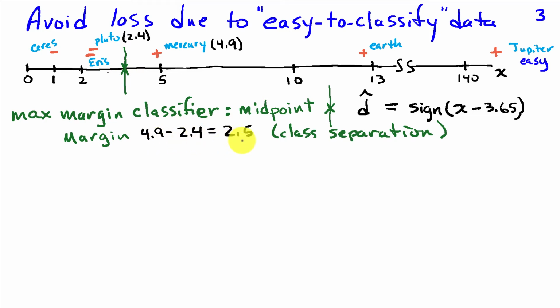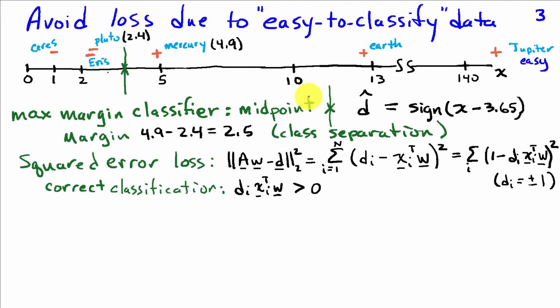In other words, 2.5 is the class separation. Now we could have chosen a threshold anywhere between 2.4 and 4.9, and we would have correctly made decisions based on this training data. So our data that we actually want to classify at some point could fall in this interval between the two, and by putting the boundary at the midpoint, we are hedging our bets that on average we're going to correctly separate things.